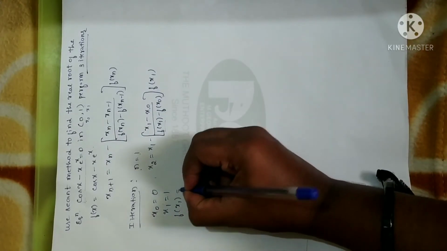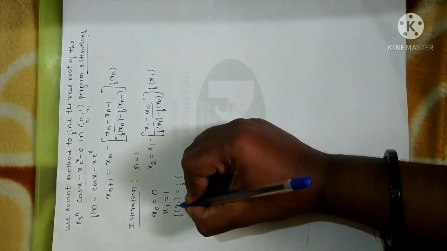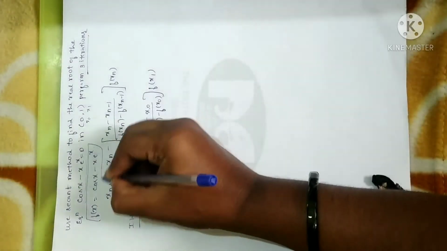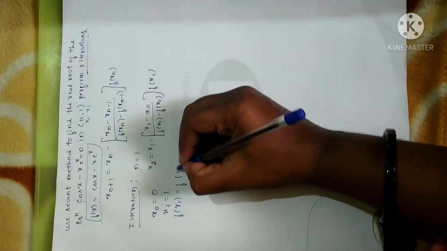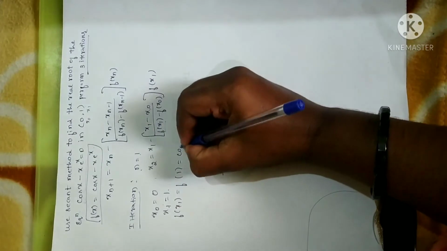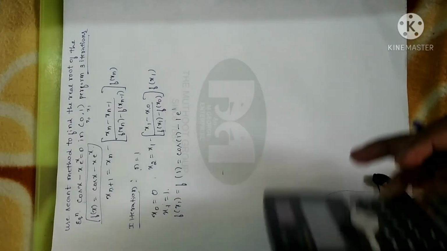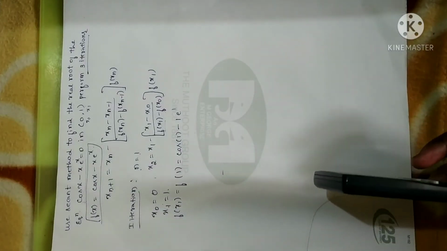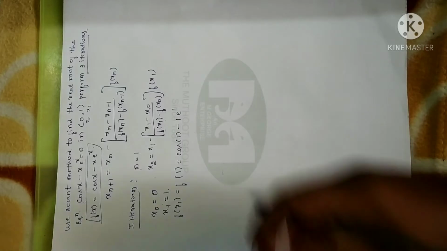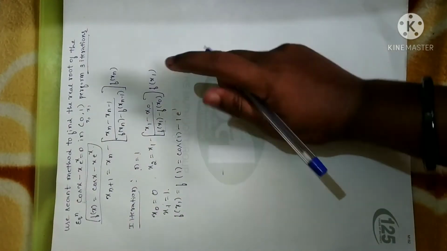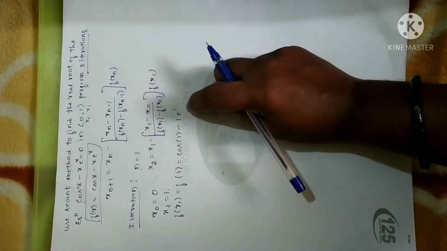f of x1. Wherever x is there in the given problem, we have to replace it with 1. Fine. So when you change, you will get cos 1 minus 1 into e power of 1. Now, while doing the previous problem, I told you clearly, in order to calculate the exponential value, that is e power of 1, you need to type it as e1 in the calculator.